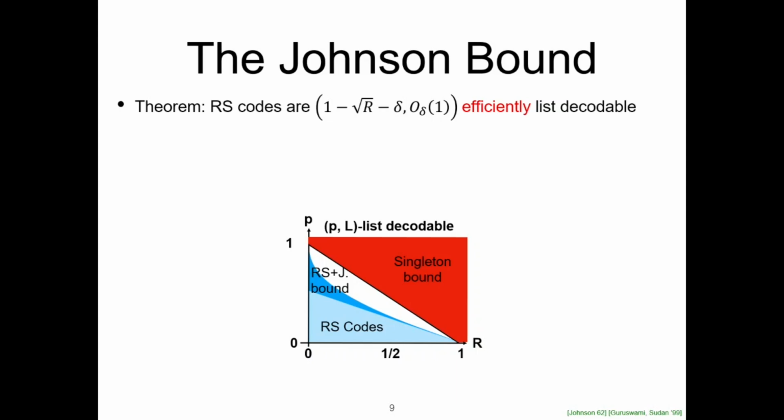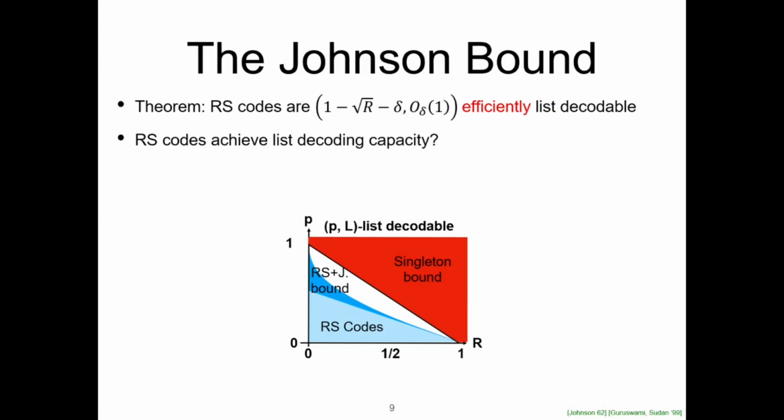As can be seen in this picture, the Johnson bound for Reed-Solomon codes is strictly better than the unique decoding radius. However, there is still a gap between the Johnson bound and the list decoding capacity.